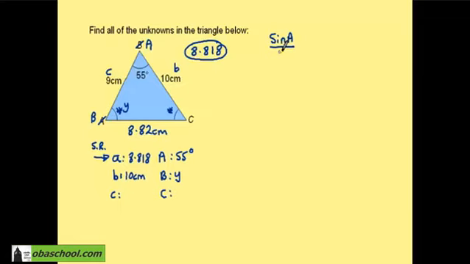Sine A over A is equal to sine B over B. Substituting in, the sine of 55 degrees divided by 8.818 is equal to the sine of the angle I've called y divided by 10 centimeters.